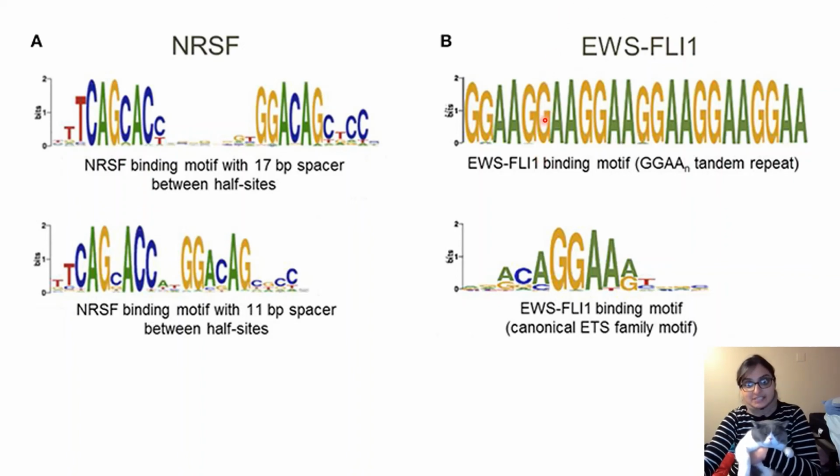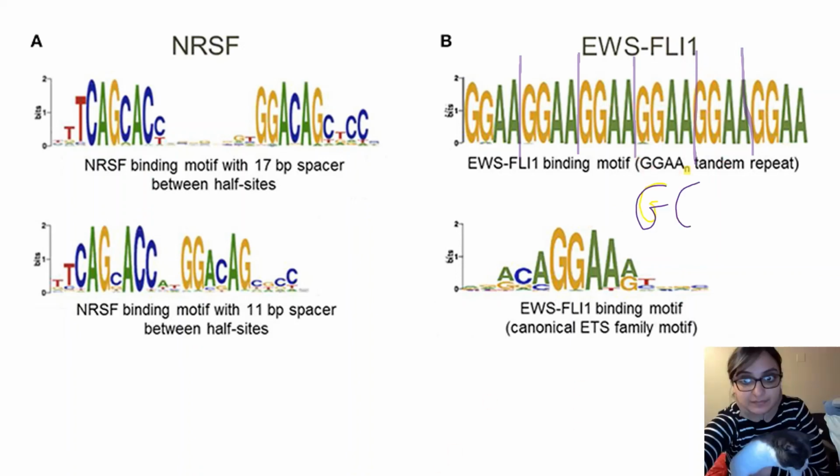And they see that it's a GGAA tandem repeat. What this is saying is that we're repeating GGAA again and again, multiple times. You can see that we have all these blocks of GGAA. In this case, this would be 1, 2, 3, 4, 5, 6. So this would be GGAA.